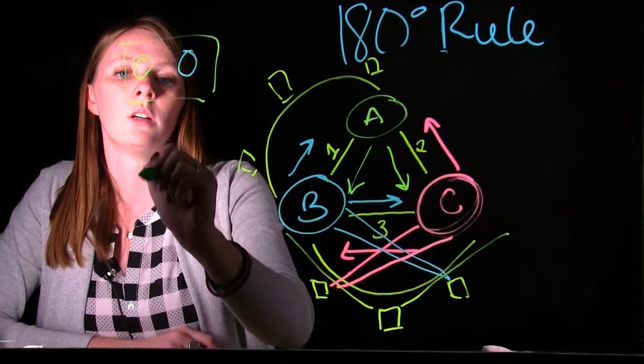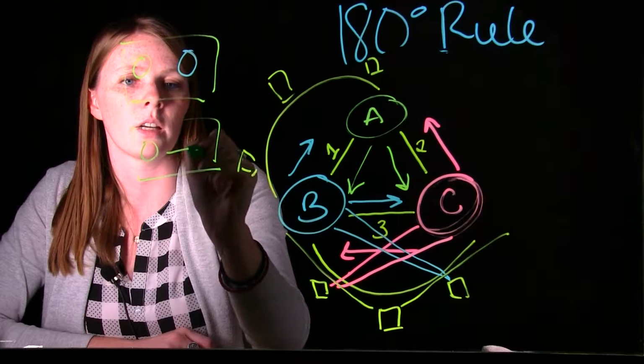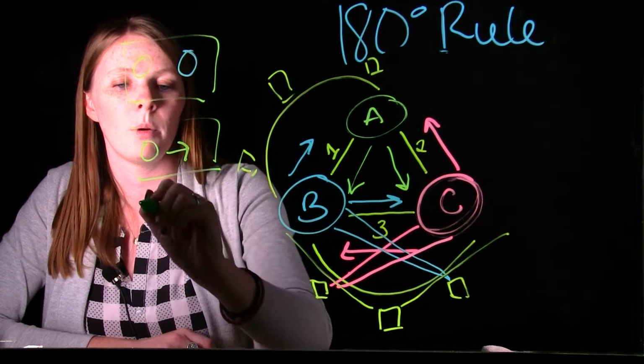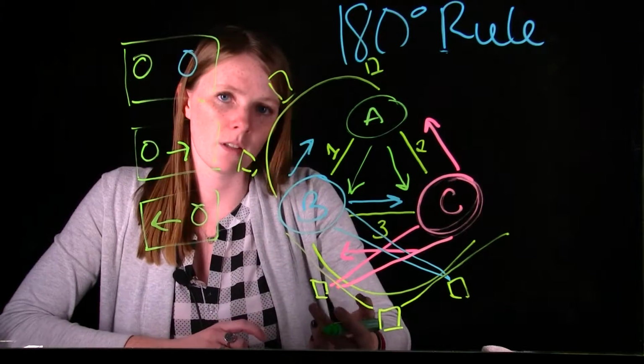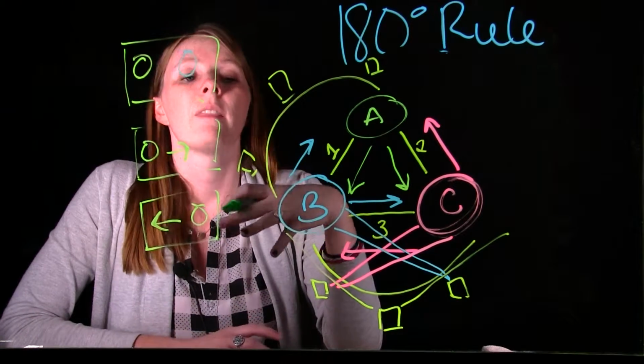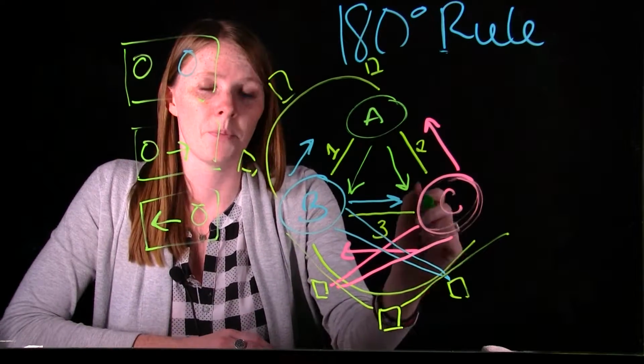And when character A is looking at character B, they'll be looking this way. But when character B is looking at character A, they're going to be looking this way. So that's obviously different from what the layout was when B was looking at C.